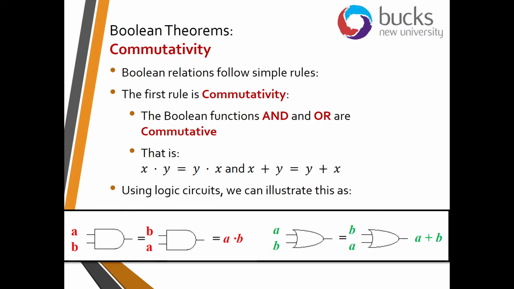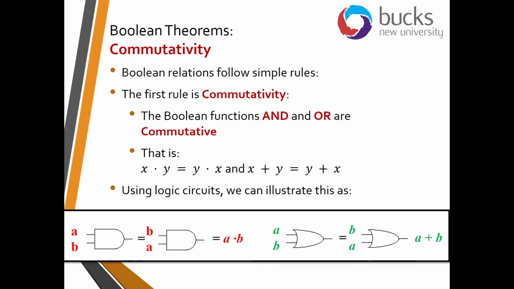Basically, it doesn't matter which way around you put it. Similarly, in POS, x or y is the same as y or x. That doesn't seem particularly groundbreaking at this point, but trust me, it'll pay off in a minute.